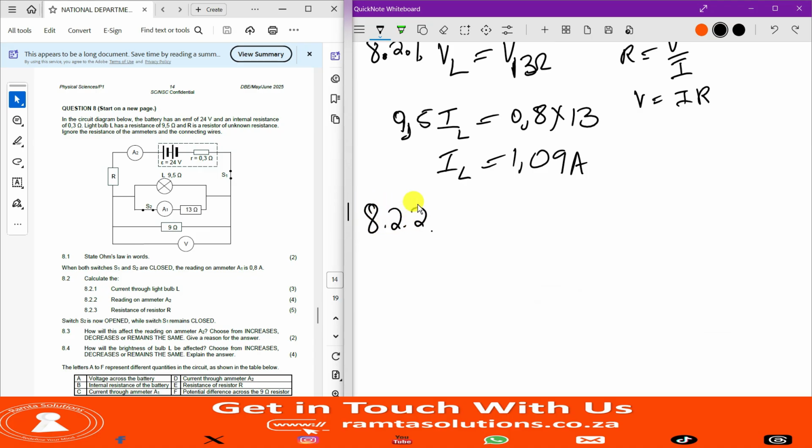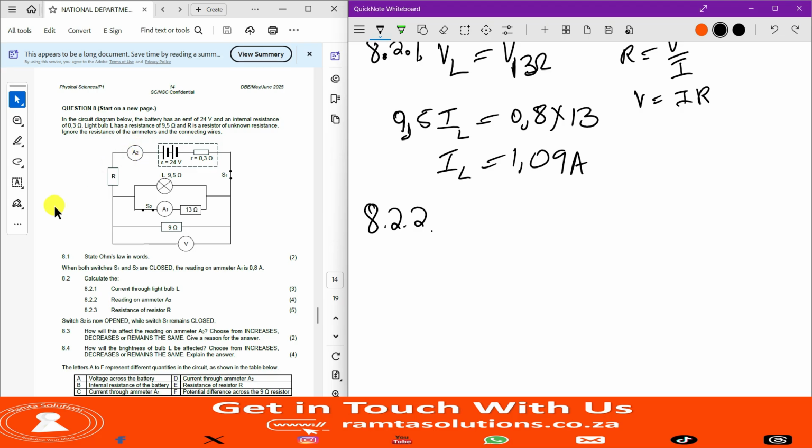8.2.2. Remember, we have to be done in 24 minutes. The reading on ammeter A2, what is it? A2 is the total current.